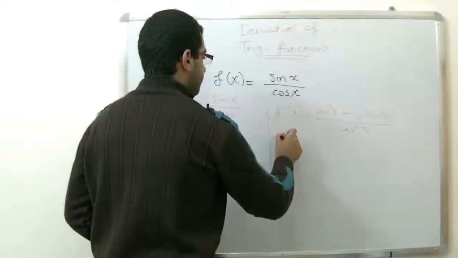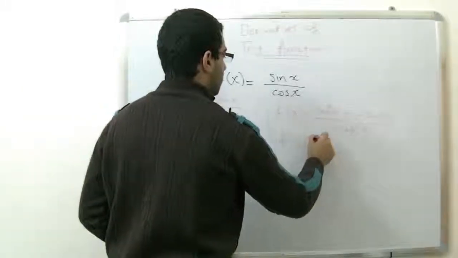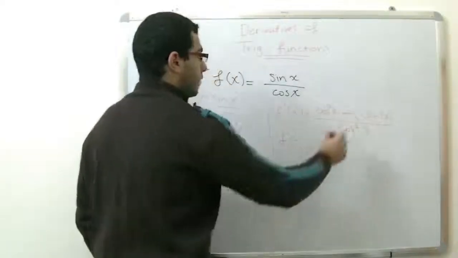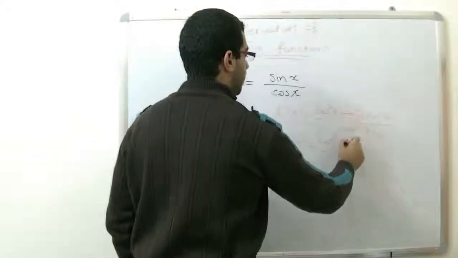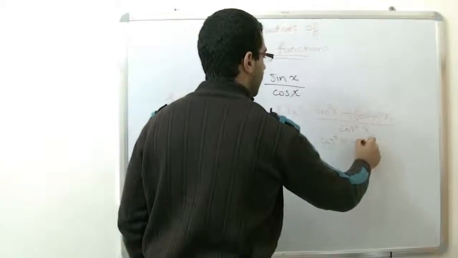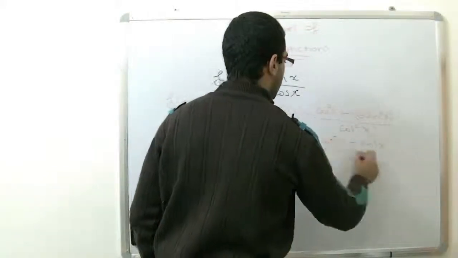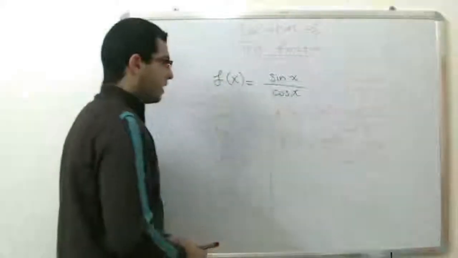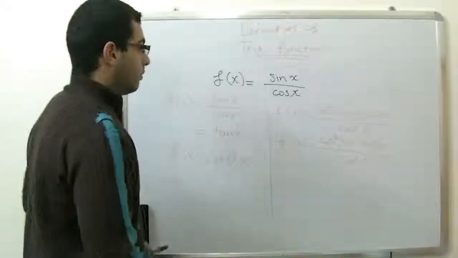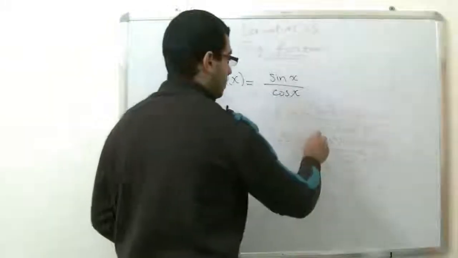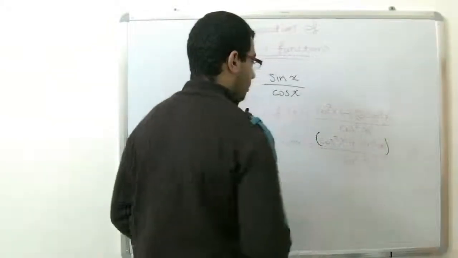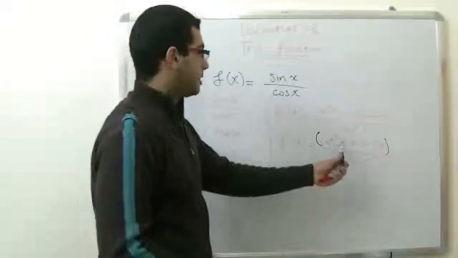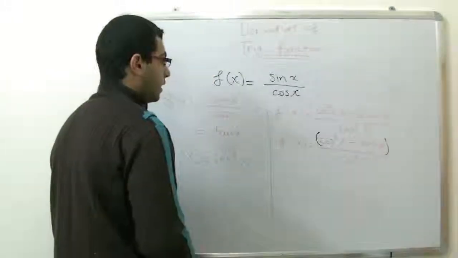Then cosine square x, we have two negatives here to give a positive sine square x over cosine square x. Here we have a rule which says that cosine square x plus sine square x gives us 1. If we have this expression, it equals 1.